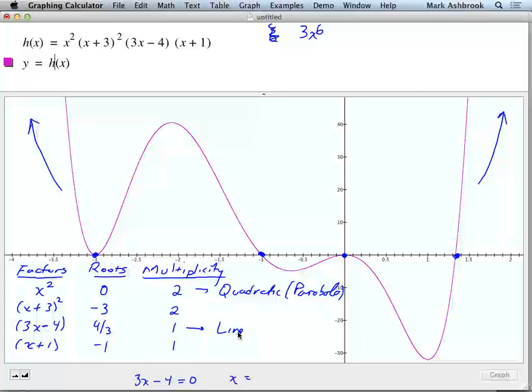And so look at what's happening at -1 and 4/3. If we look really close there, it just goes straight through like a line. I mean, it is curved, but in that local area it's pretty straight. You can see it more right around 4/3, it's shooting straight through like a line, and that's the relation: the multiplicity, or the power, is 1 at that root.